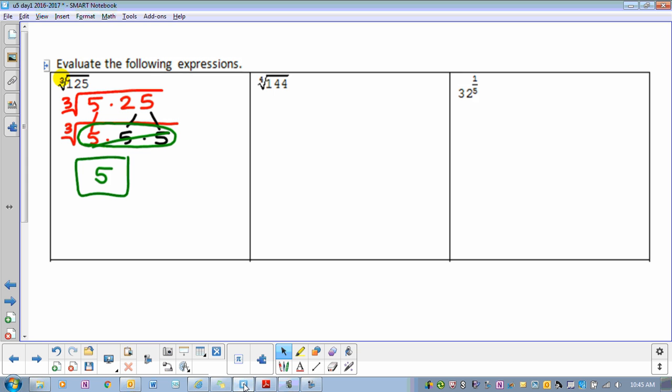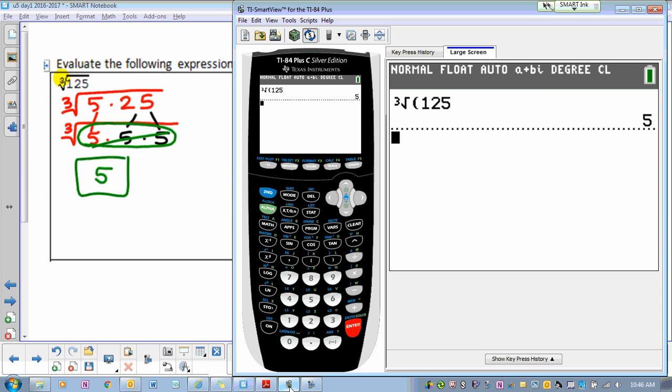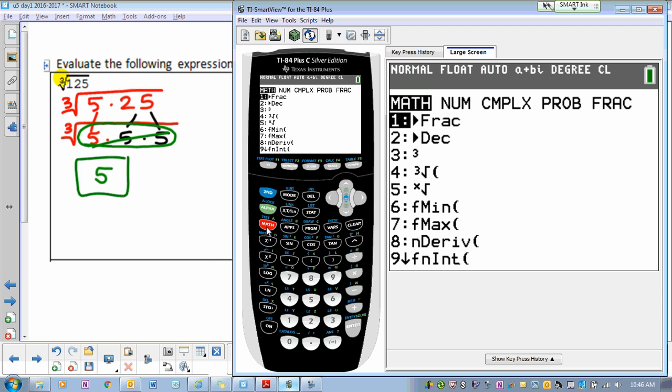4th root of 144. Let's see if we get a nice pretty number when we put that in. You guys know how to put in the 4th root? You go down. Math, and you go to number 5. Okay, so if you go into math, number 5 would be the only option, right? Because it has an x in front of that radical. So you can make it whatever root number you need it to be.